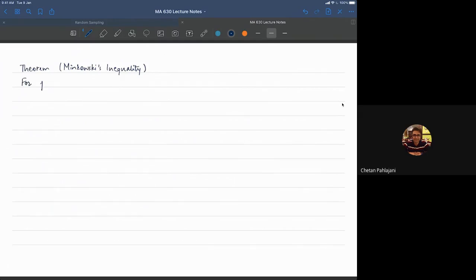For p in the closed interval [1, infinity], and f, g belonging to L^p(Omega, F, mu), we have that the norm of f + g is less than or equal to the norm of f plus the norm of g. Basically this is just saying the triangle inequality holds. So let's prove this.